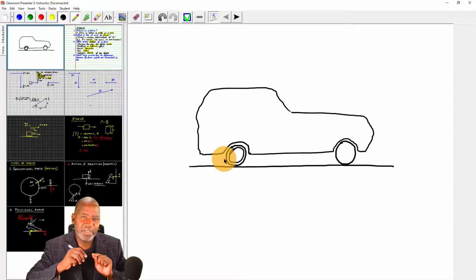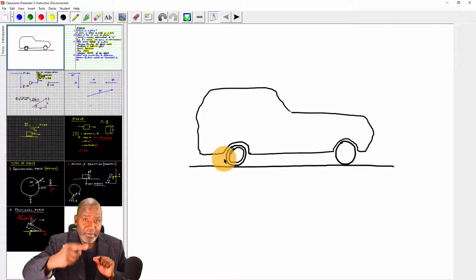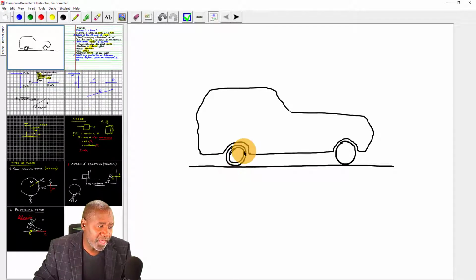What does a driving tire do? The engine tends to turn the driving tire forward, clockwise. For example, here this tire tends to turn this way, but it's in contact with the road. So what the rubber surface of the tire does is to try to push the road backwards with a force we are calling the driving force.